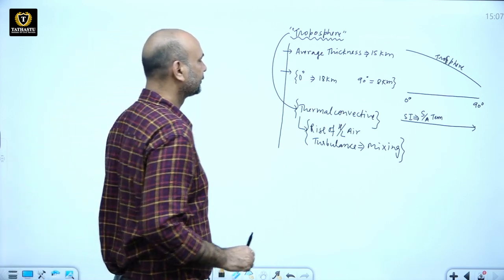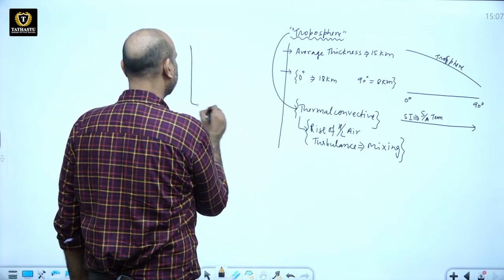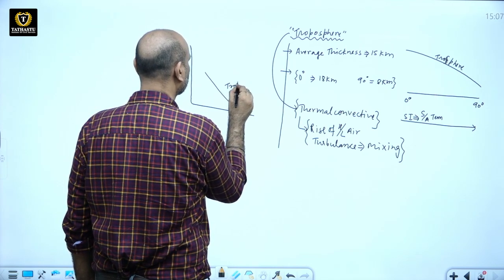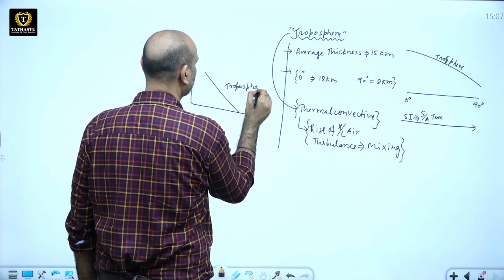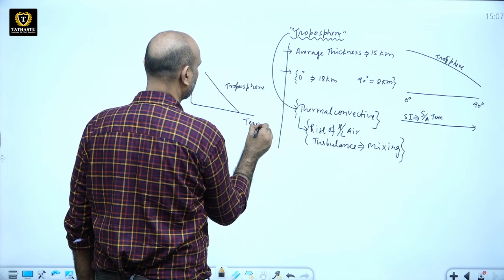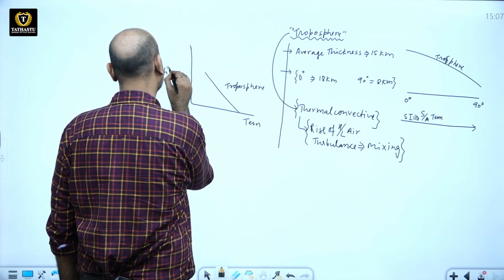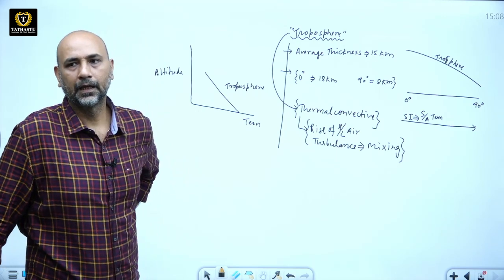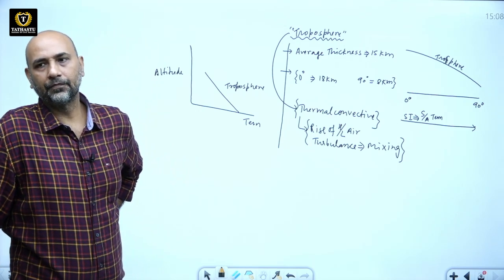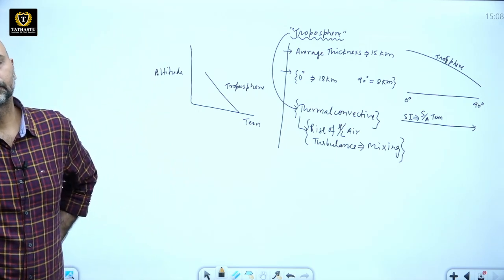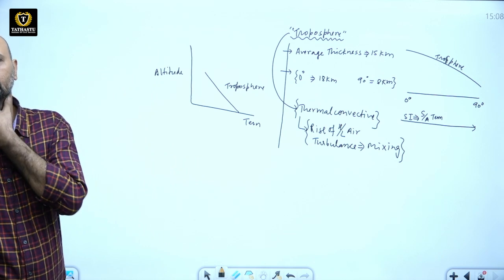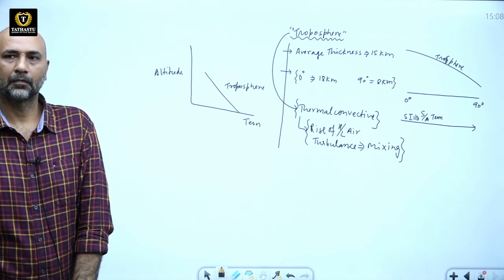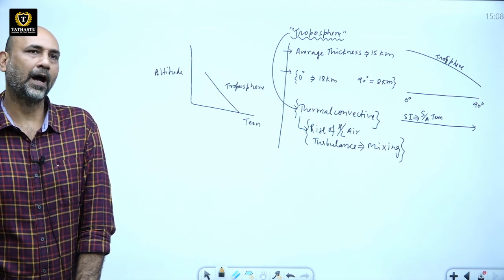Remember that temperature declines in the troposphere with altitude. Now we need to write why.